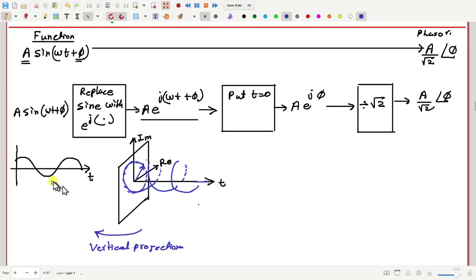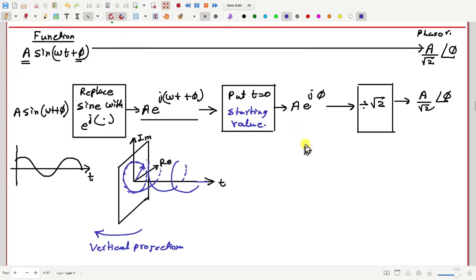This is a one-to-one and invertible mapping between this real sinusoidal function and this complex helical function. Given the sinusoid, you can always find this helix, and given the helix, you can always get back the original sinusoidal function by taking the vertical projection. Just vertical projection. Then in the second step we are putting t equal to 0, which means we are just considering the starting value.